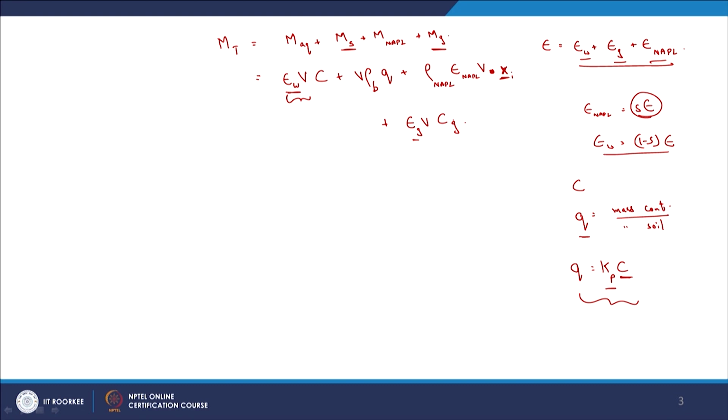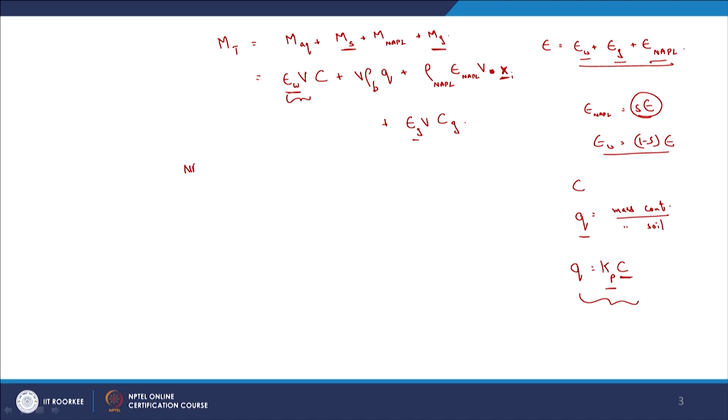So, we will look at 2 or 3 cases, because these are what you would come across out there. So, in the first case, I will just look at the case when there is no NAPL present, right. There is no NAPL present. So, this total mass is nothing but, let us just write down terms that we have here.